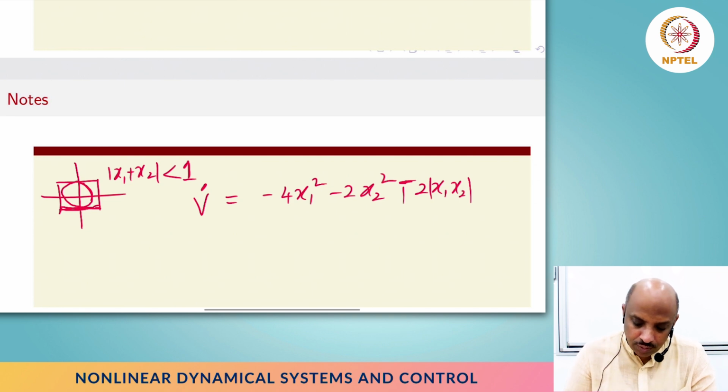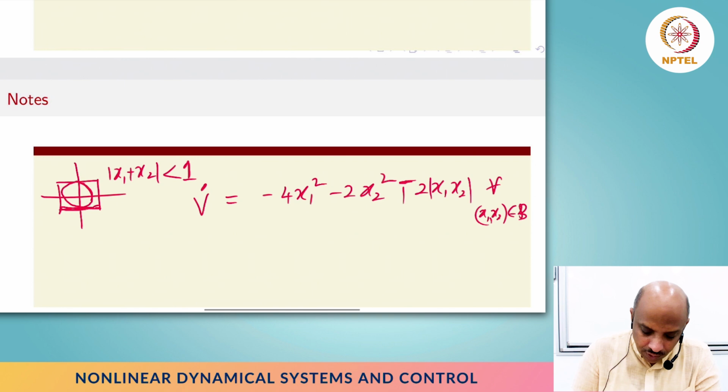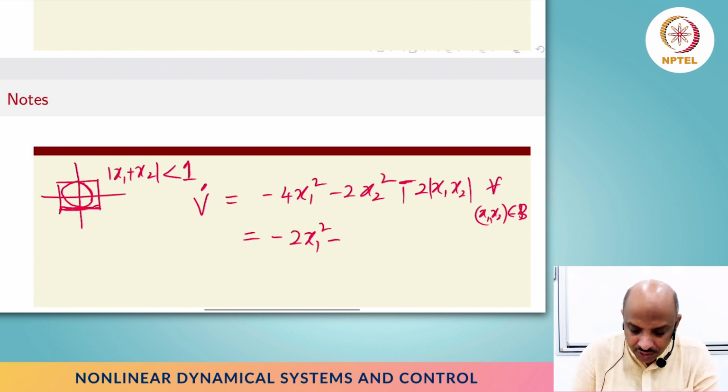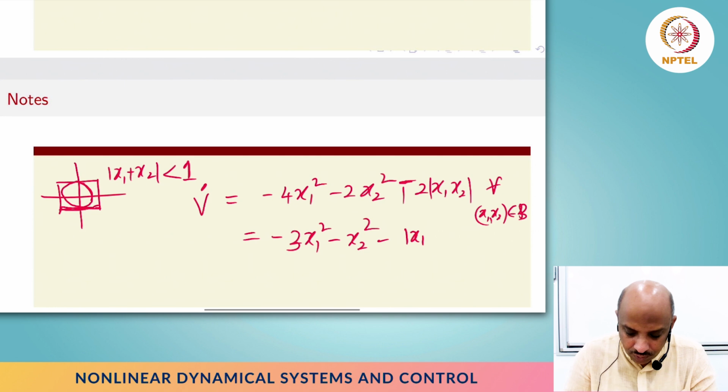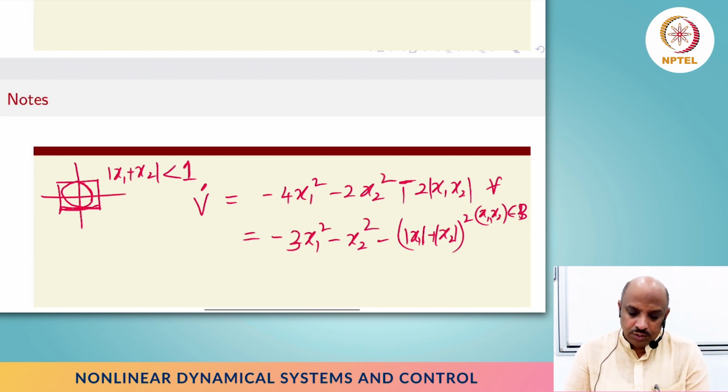Okay, for all x1, x2 in the ball, some ball of radius whatever, this can be viewed as minus 2x1 squared minus x2 squared minus (x1 plus x2) whole squared.